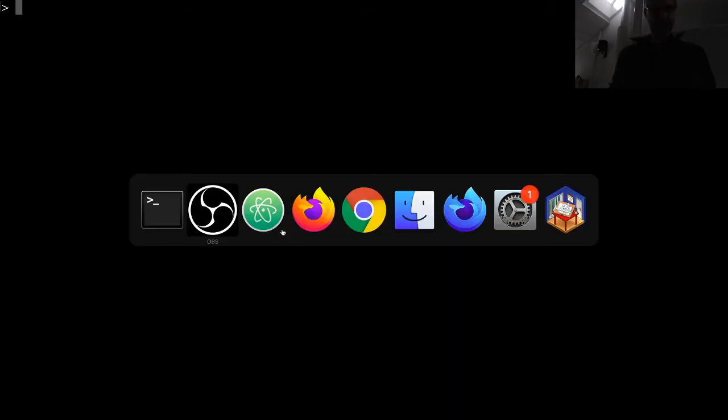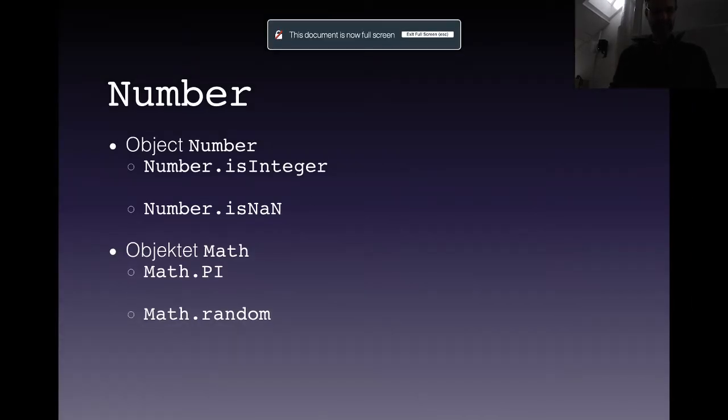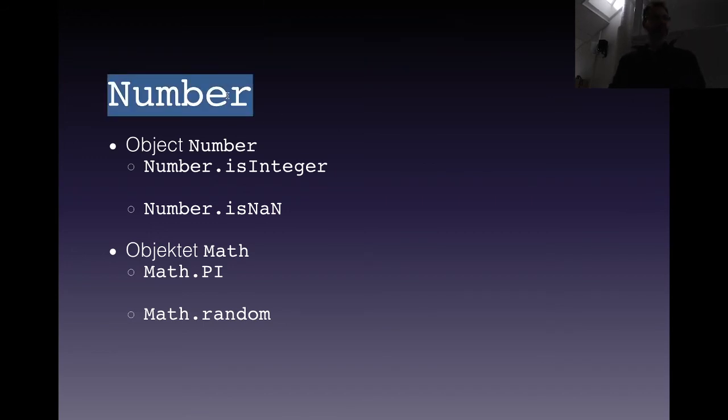So let's see, I think we need to go here. Oh, here we go. So if we look at one of these global objects, let's take Number. It is an object in the JavaScript object hierarchy, where Object is top, and then we have Numbers, Strings, and so on. And it's a container for many of the built-in methods or constants.